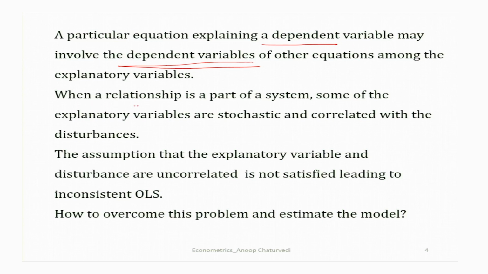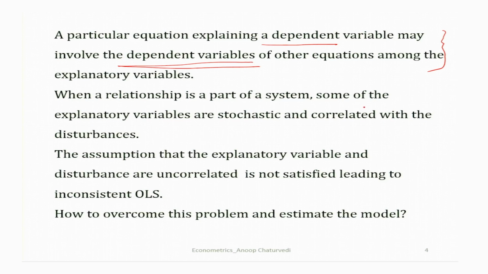So, when a relationship is a part of a system, some of the explanatory variables are stochastic and correlated with the disturbances. So, you have this kind of system in which a particular equation may involve some of the dependent variables as explanatory variables also.